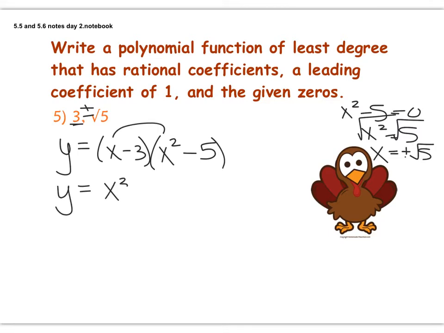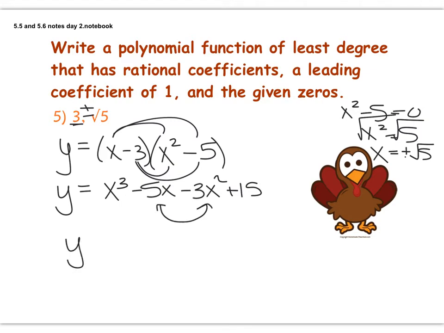So we get x cubed minus 5x minus 3x squared, and that would be plus 15. And then no like terms, but again, we're in the wrong order. So x cubed minus 3x squared minus 5x plus 15.